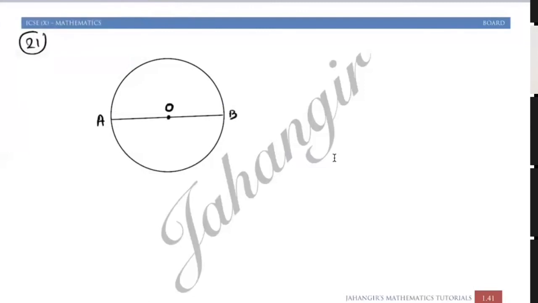AC and BD are equal. AC is equal to BD. These two chords are equal. Angle AOC is 72 degree.